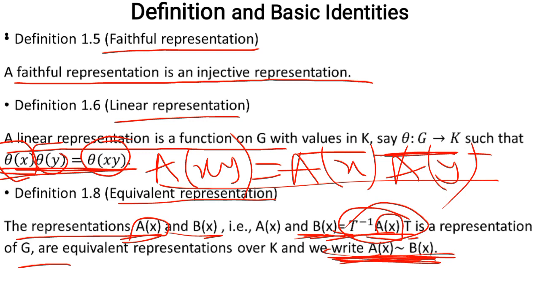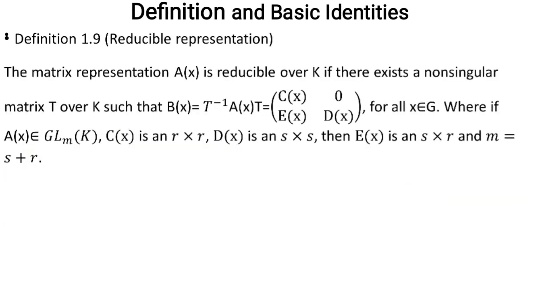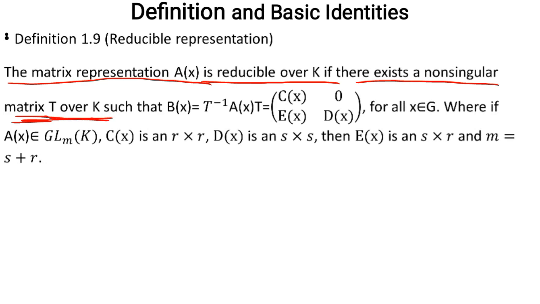Okay, the next definition you need to know is what we call the reducible representation. Now, the matrix representation A(x) is said to be reducible over K if there exists a non-singular matrix T, that T you saw in the previous definition, with entries in K, such that you can write this B(x) in this form.